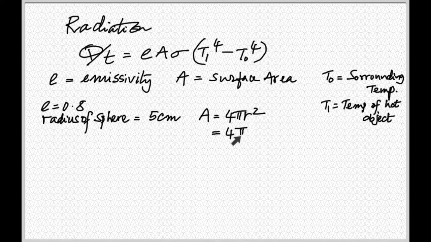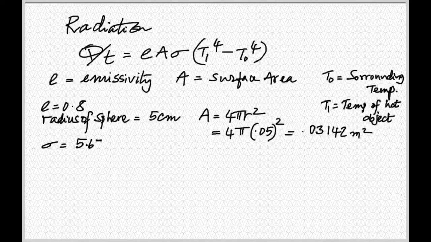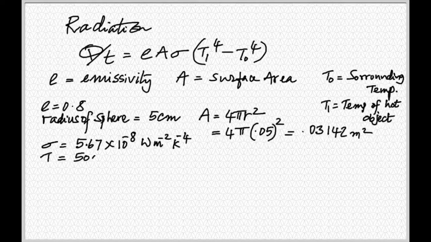Now that's important to remember. A is 4 pi r squared. I changed the centimeters into meters and found the area. Sigma is 5.67 times 10 to the negative 8. And let's assume that the temperature of the hot object is 500.